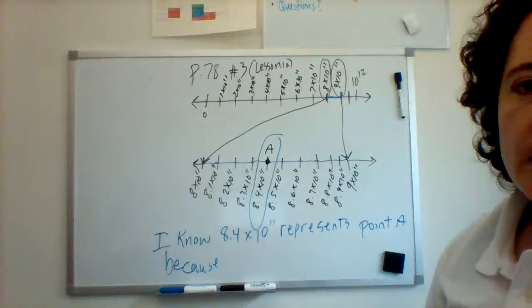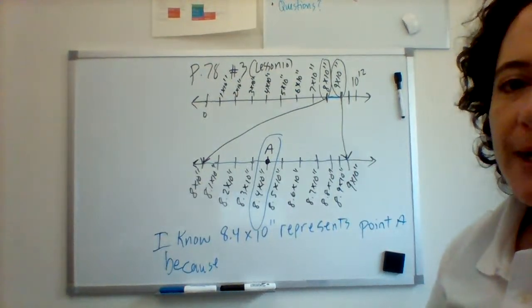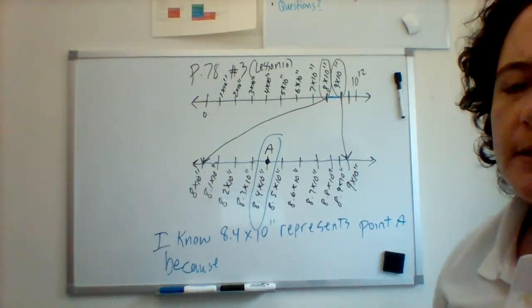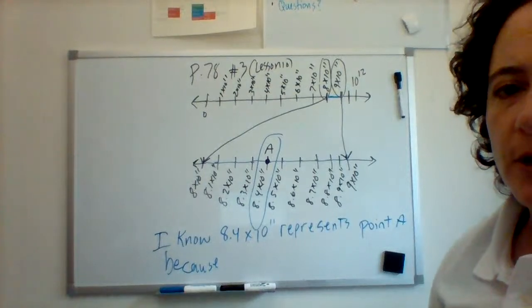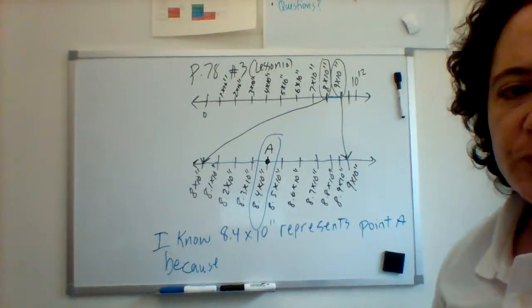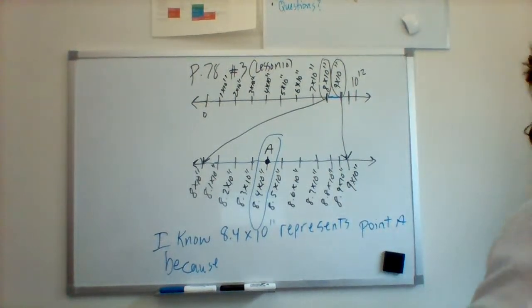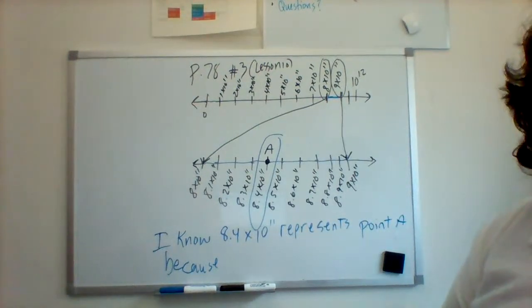Okay, the next one says page 104, activity 14.2, biomass. And it specifically says number 3 on the activity. So we're not doing the entire activity. We're only going to be looking at number 3. Okay? So I'm going to erase this. And I need you guys to go to 14.2, and it's supposed to be on page 104.